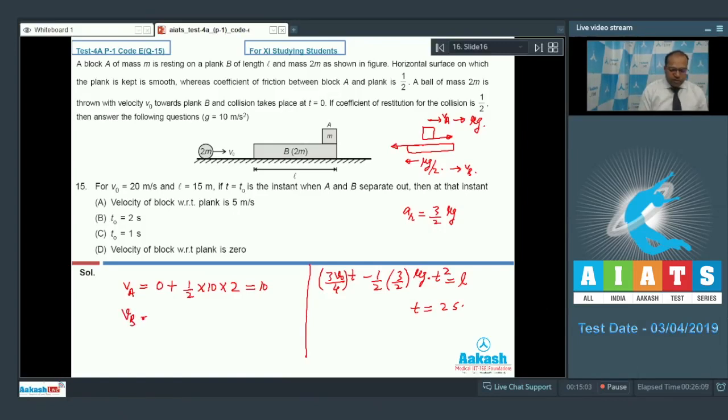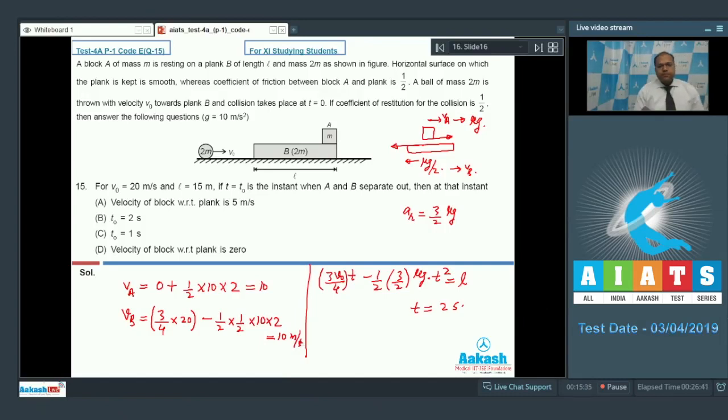And if I find out vB, this is equal to initial velocity 3 v naught by 4, that is 20, minus retardation, that is half into mu, that is half into g, that is 10 into t. So if I solve this, it comes out to be 10 meter per second.